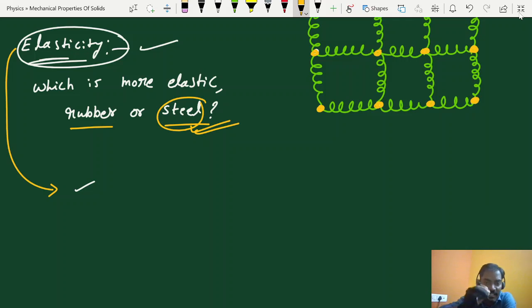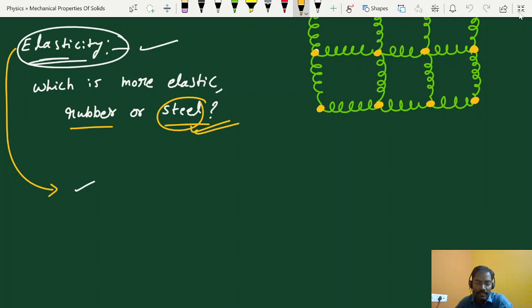This is the very simple logic to understand which is more elastic, steel or rubber. In general, you may feel rubber is more elastic because when you stretch it, it easily changes shape. But that is not the matter. Elasticity is the property which opposes the change in shape or size when the deformation force acts on it and regains once the deformation force is removed.